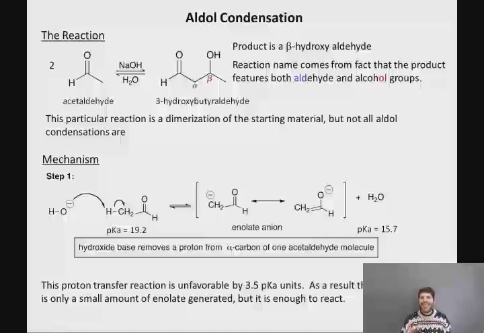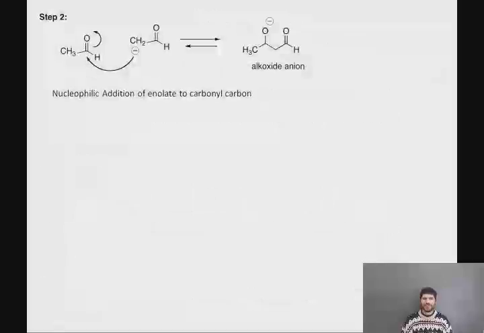And given that that enolate is going to go on and react in a subsequent step of the mechanism, you don't actually need to have a lot of it present in order for it to react. Think back to mechanisms where you had a carbocation intermediate. You would only generate a small amount of the carbocation in the first step, but then that would go on and react further in subsequent steps.